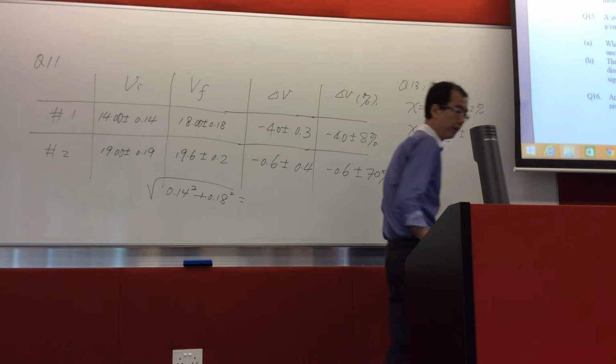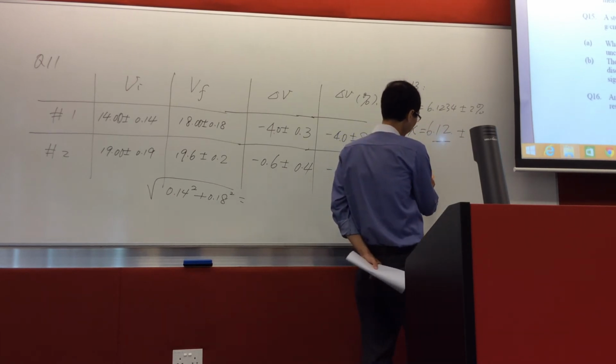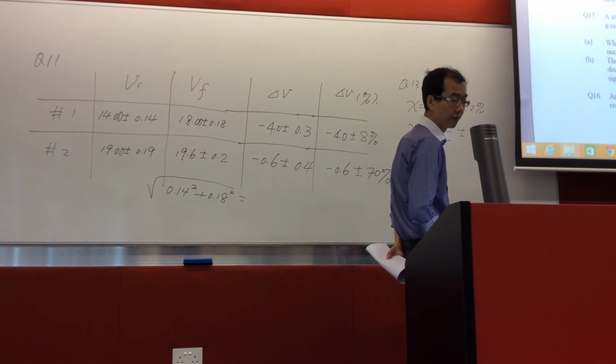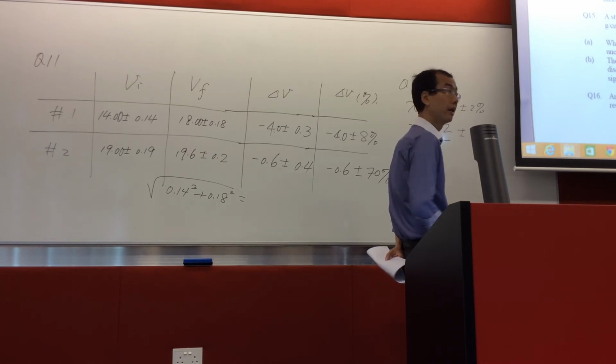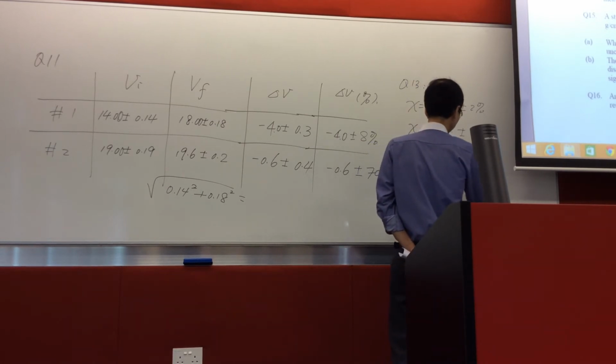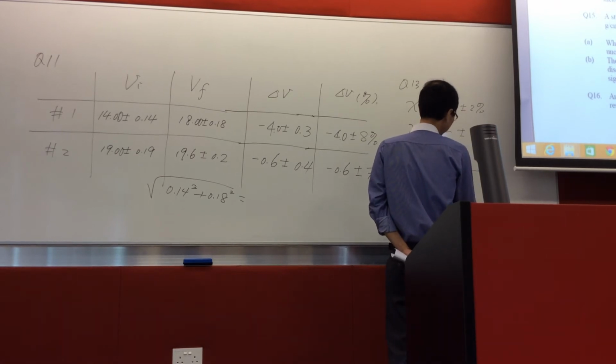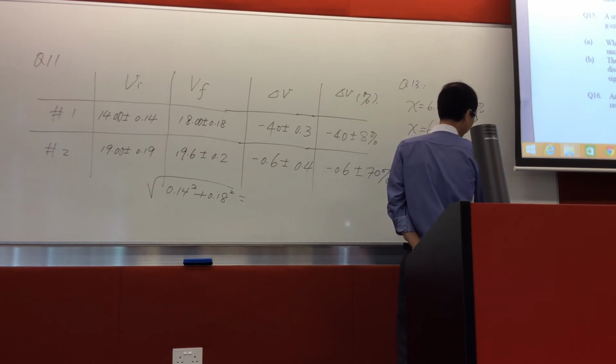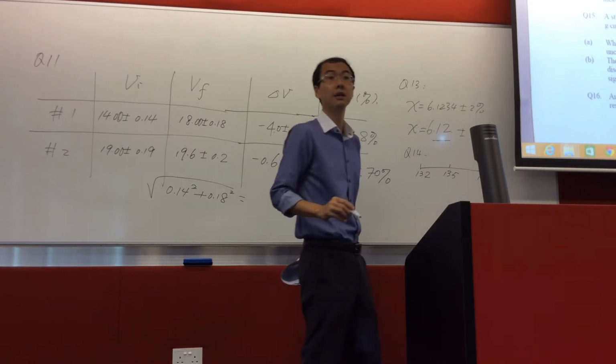One way: the first student's best estimate is 135, so the minimum is 132 and the maximum is 138.